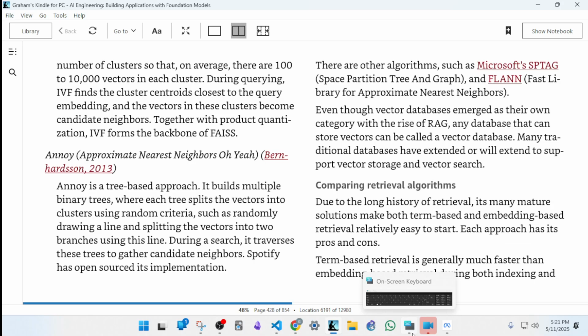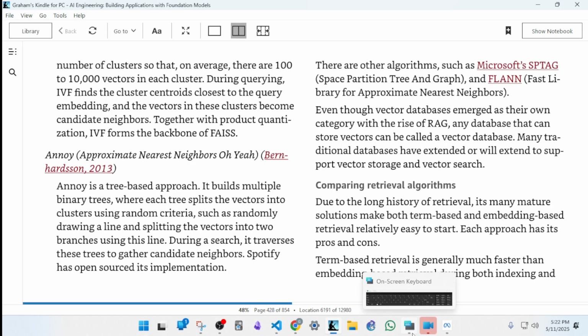During querying, IVF finds the cluster centroids closest to the query embedding, and the vectors in these clusters become candidate neighbors. Together with product quantization, IVF forms the backbone of FAISS.